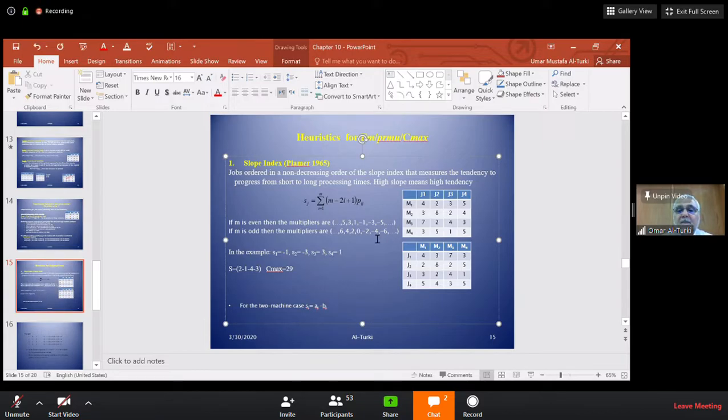Okay. So what we are doing, if you have an even number of machines, you multiply this column. Well, let's focus on this. This problem is the same as this problem, right? What's the difference between the two?